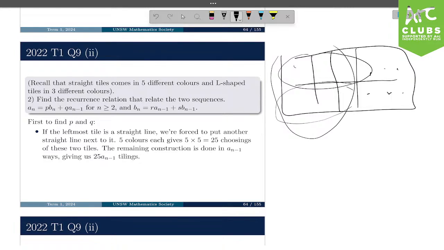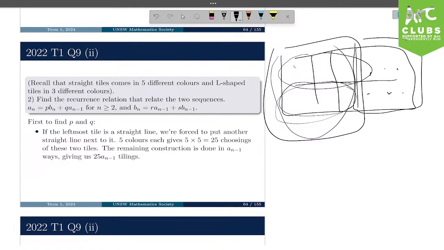If I put a straight tile here, then I'm putting another straight tile here, and I have 25 ways of choosing this section, if I do that. And this section here simply represents AN minus 1. It represents the grid of AN minus 1, because I've removed a 2 by 3 grid from the left side.